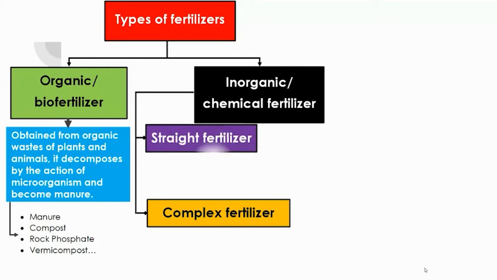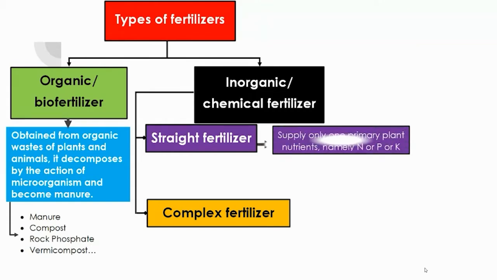The next is inorganic or chemical fertilizer. It has two types: straight fertilizer and complex fertilizer. Straight fertilizer refers to fertilizer that supplies only one primary plant nutrient, namely nitrogen, phosphorus, or potassium.